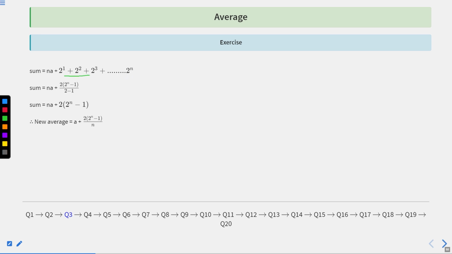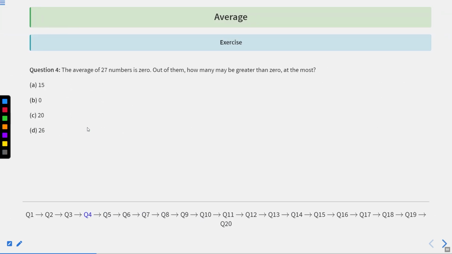And this is nothing but a GP. So using the formula for the sum of a GP, we will have sum equal to na plus 2 times 2 to the power n minus 1 upon 2 minus 1. And on simplification, we will have na plus 2 times 2 to the power n minus 1, and therefore the new average will be a plus 2 times 2 to the power n minus 1 upon n.